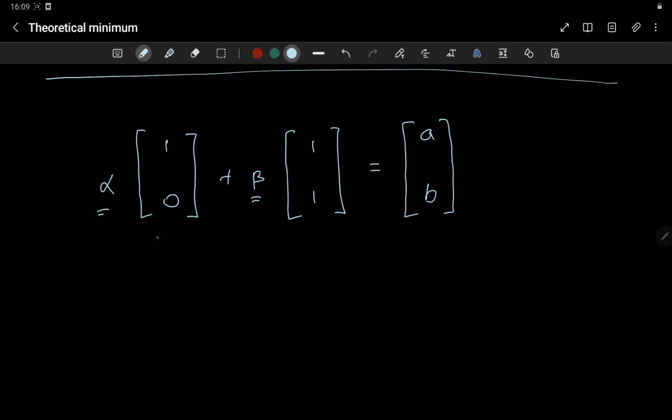First of all, we know that this vector is u and this vector is v, and u and v are linearly independent. Those two vectors can span the entire R2 space, which means any such vector can be represented uniquely as a linear combination of u and v. In that case, there will be a single solution for alpha and beta. So what is that solution?